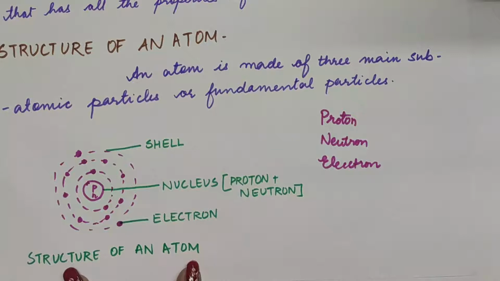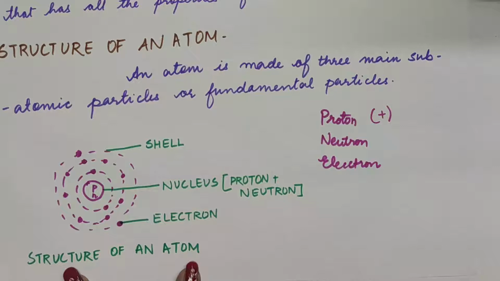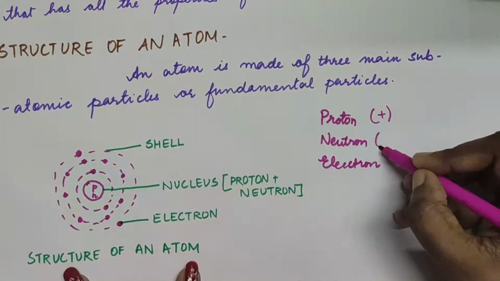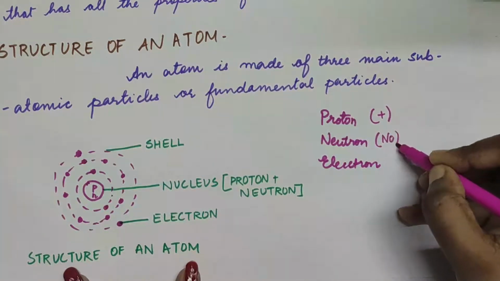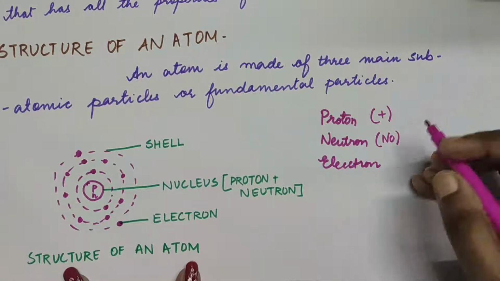Now you need to remember that proton carries the positive charge. You can easily remember that P for proton and P for positive. Neutron has no charge. Again, N for neutron and N for no charge, so neutral.